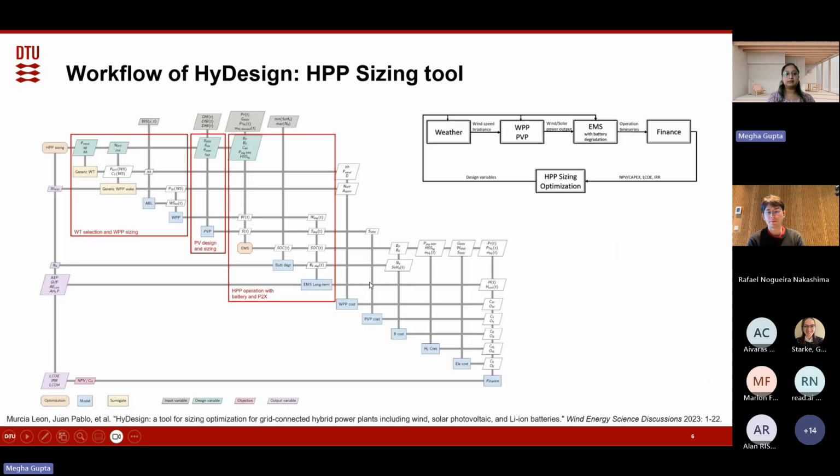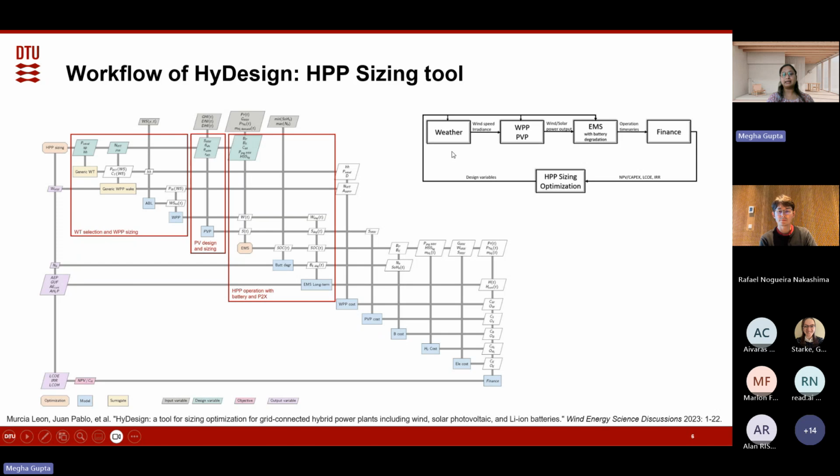And then coming to the workflow of this tool. The left side figure is basically the detailed version of how the data is flowing within the tool. But to begin with, I can quickly explain from the small figure on the right hand side. Basically, we are collecting the weather data for the given location first.